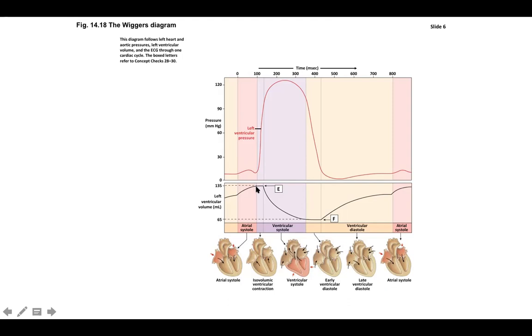But that point in time is the maximum volume at the end of the diastolic phase of the ventricle. So that's the end diastolic volume. And then F is the amount of blood that's in the ventricle at the end of the systolic phase. And so that is the end systolic volume. So exactly the same two values that we saw on the pressure volume curve.